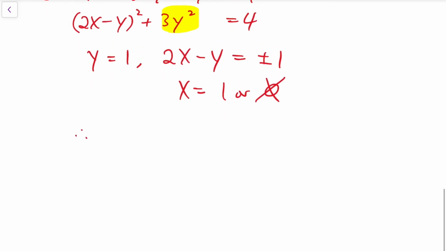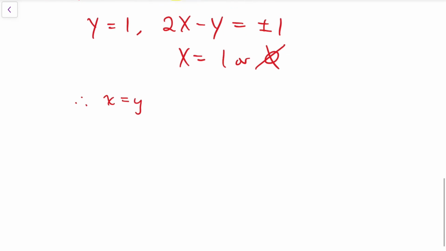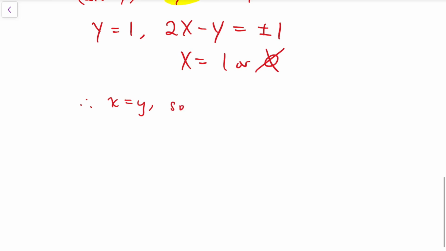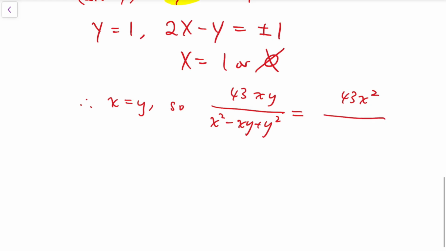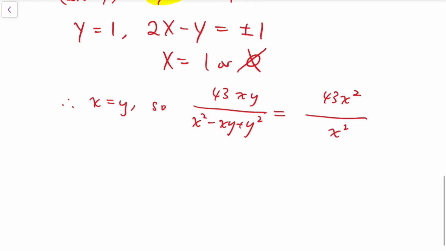From this, we know that small x and small y have to be equal. And so, going back to the original fraction, we need this to be a positive integer. I can rewrite this as 43x squared over x squared, and that's 43.